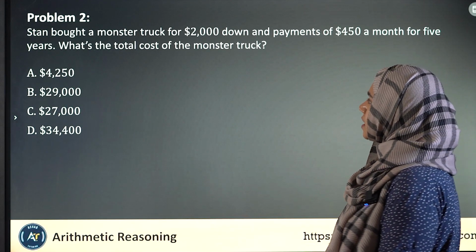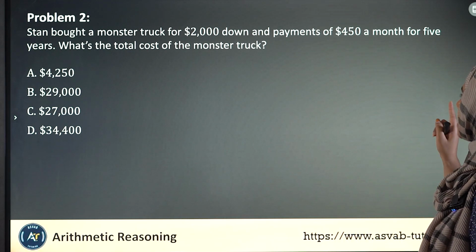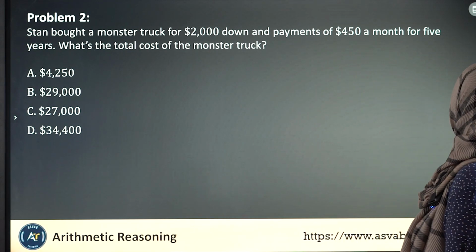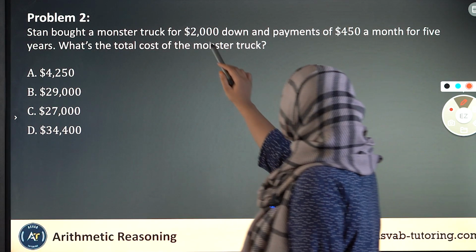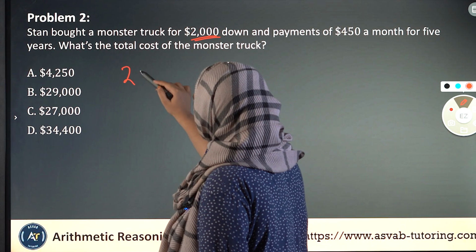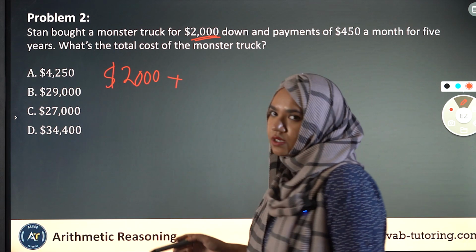Stan bought a monster truck for $2,000 down and payments of $450 a month for 5 years. All right. So you see, first of all, what Stan did is he has this $2,000 already, okay? So this $2,000 is fixed. He must pay this as a total cost.